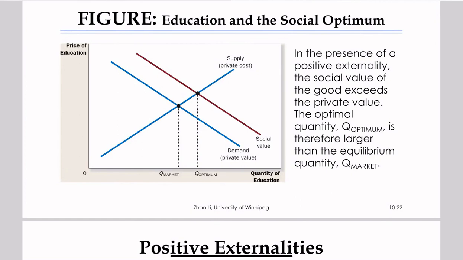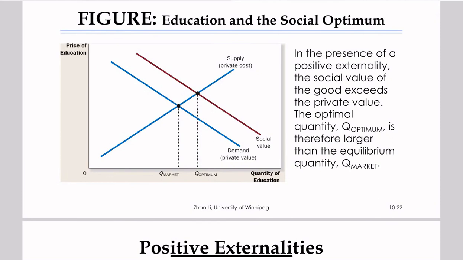So what is private value? When you're talking about private value, in the case of education, it basically means as a private person, as an individual, what is the benefit you can get from education, right? So that is the private value. What is the social value?